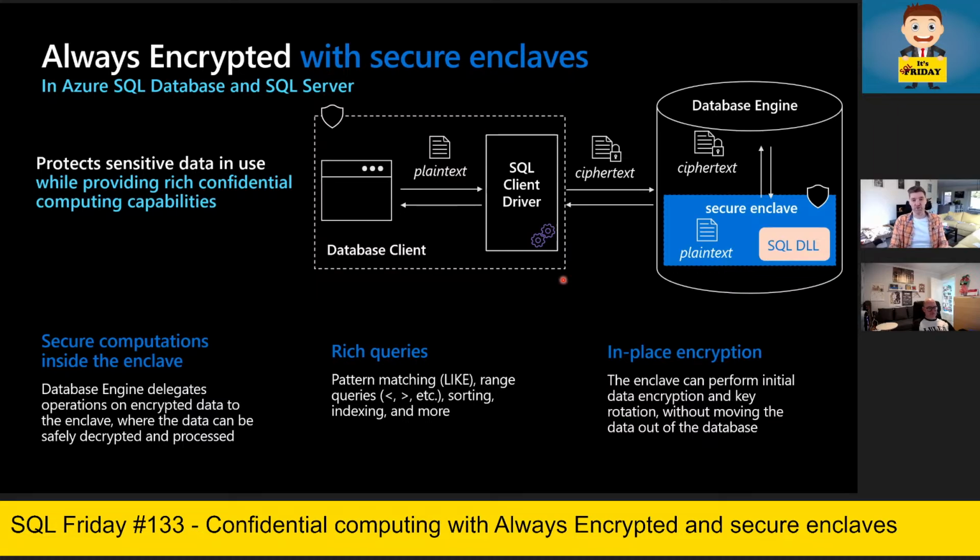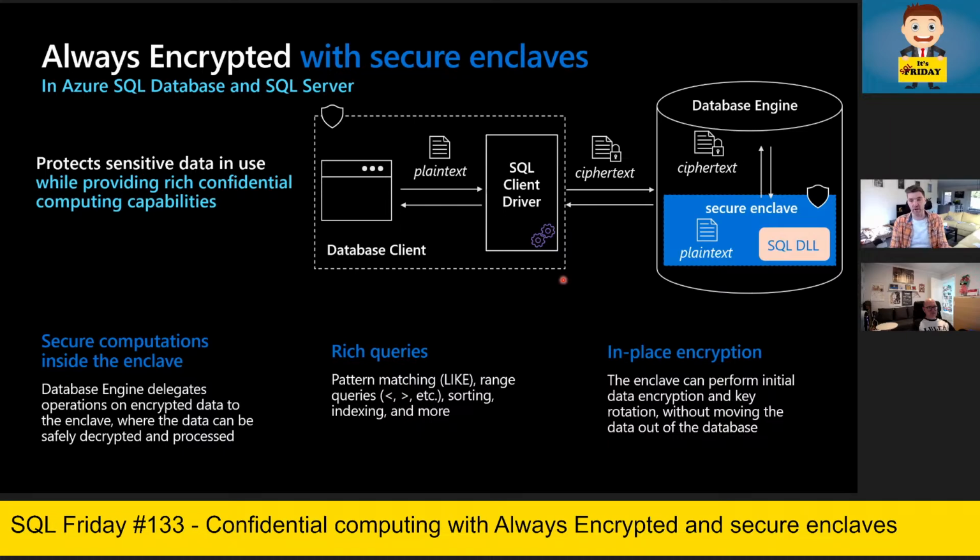Let's assume that you want to do an initial encryption on an existing column in your table. In the first version of Always Encrypted, we had to extract that data from the database to the application, do the encryption there, and then push it back into the database. So that was really time consuming, not performant, and not even secure because we need to extract all the data from outside of the database.